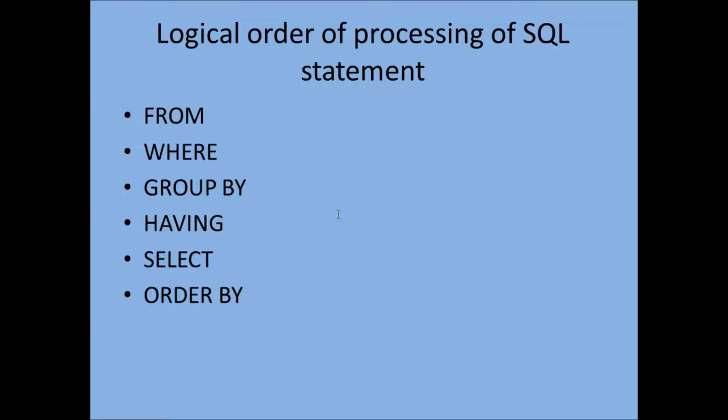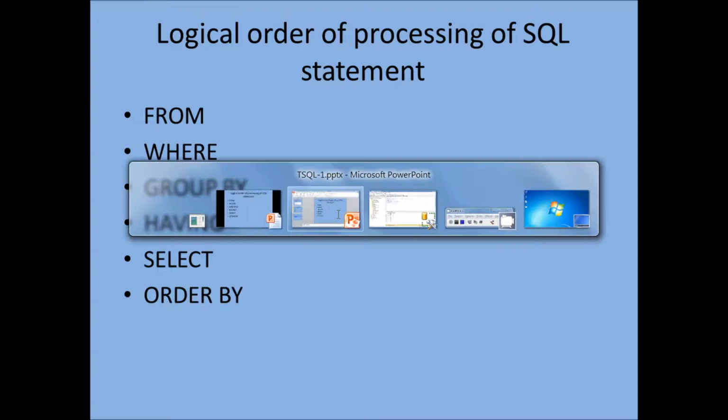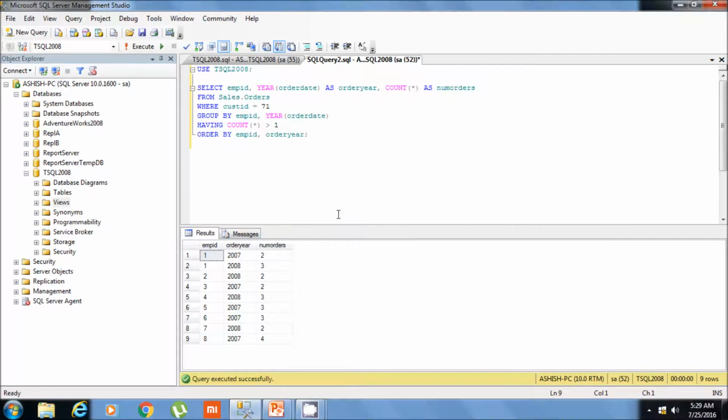As we have seen, the select element comes first, but it is the from element which executes first. So the correct logical order is from clause, then where clause, then group by clause, then having condition, then select, and then order by. So going back to the query window again, and we will learn.